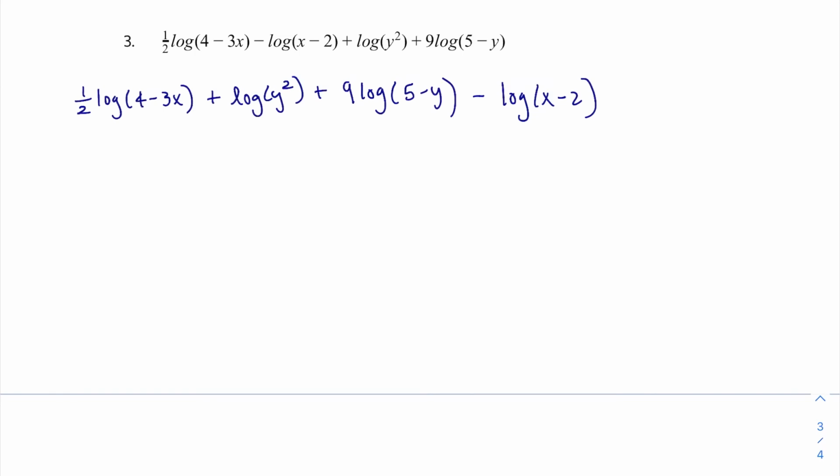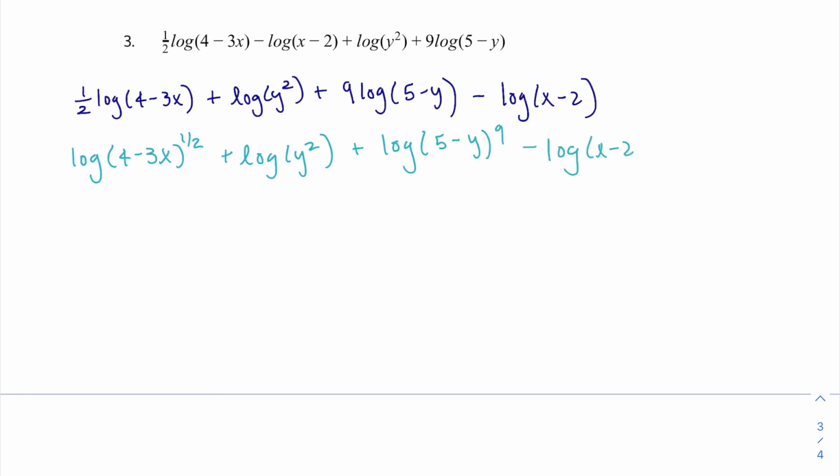So first we will bring up the exponents. So we'll have log of 4 minus 3x to the 1/2. It was already up. Then this will be to the 9th minus log of x minus 2. So that is our power rule.